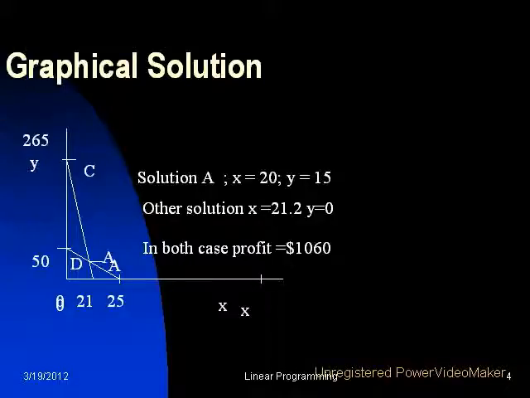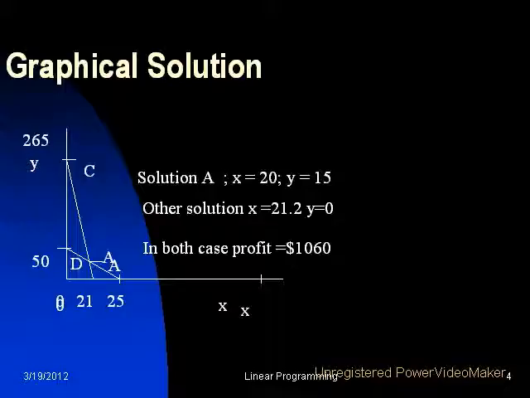This slide shows a graphical representation of the problem of the previous slide. Here x is the product x and y is the product y. The two lines C and D represent the constraints shown in the previous slide.